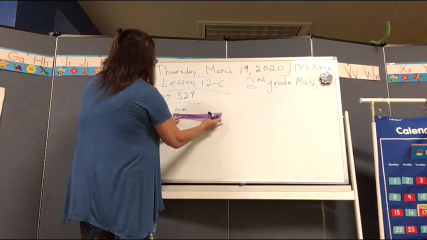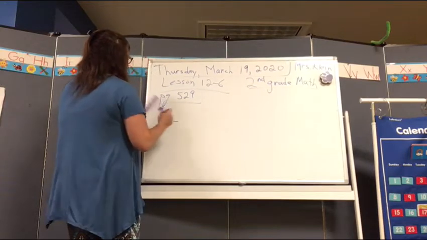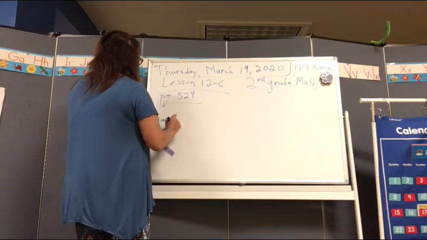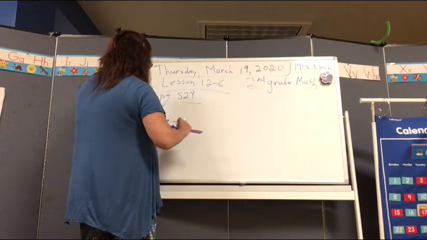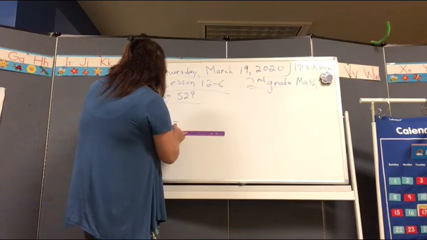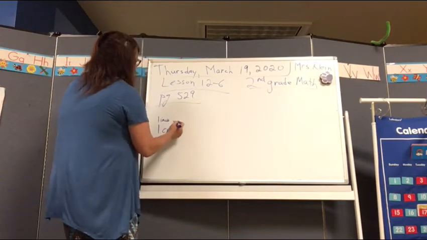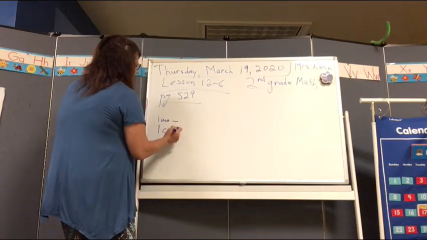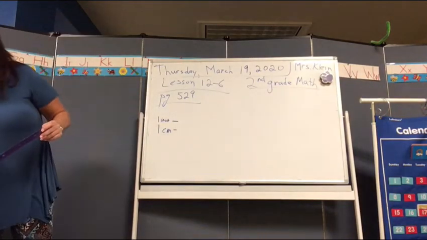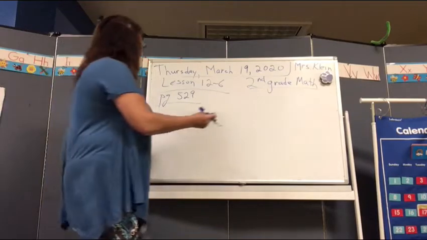This is, I'm going to do 1 and 1, so it's not confusing. 1 inch, 1 centimeter. That's 1 inch. This is 1 centimeter. 1 inch, 1 centimeter. So they want you to find an object that is about 3 centimeters long.